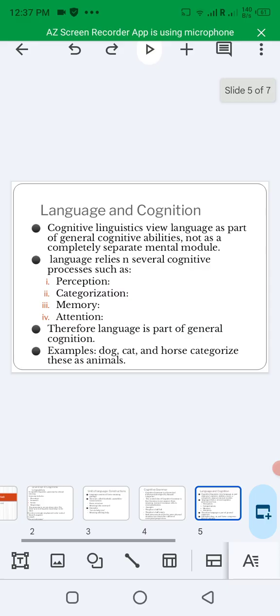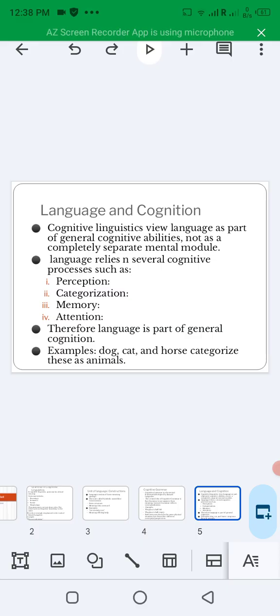And now we come to grammar and cognition. Cognitive linguistics views language as a part of general cognitive abilities, not a completely separate mental module.